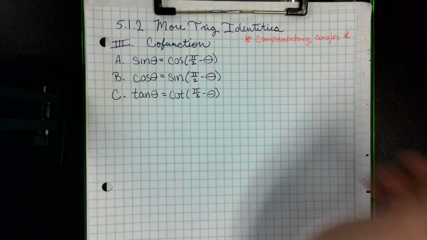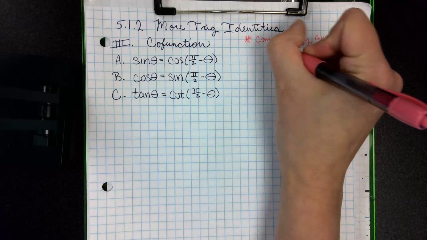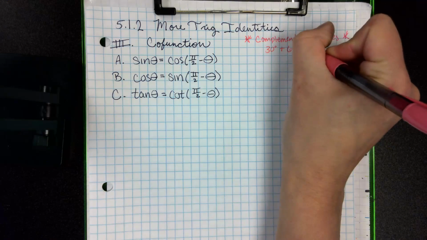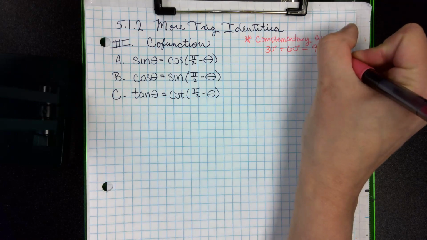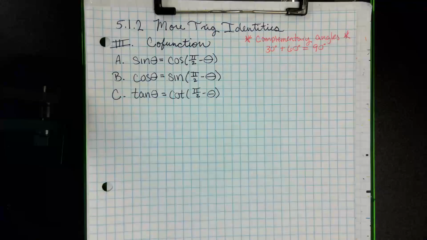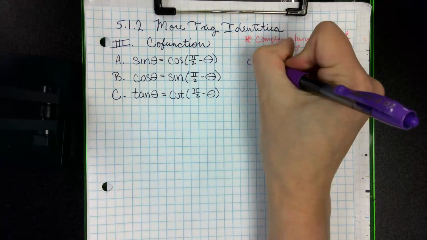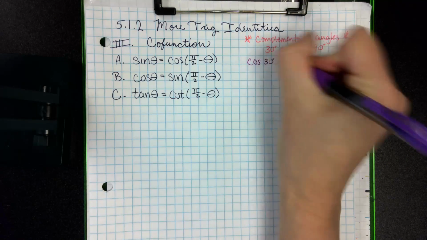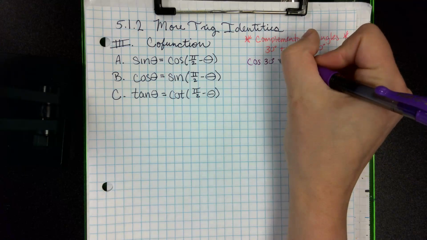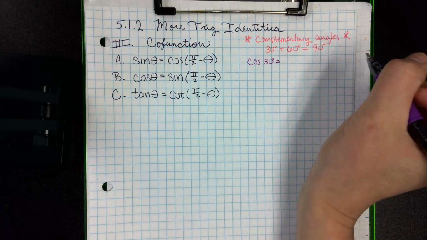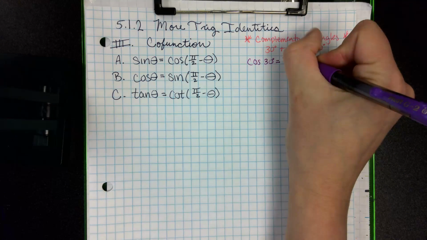So for example, 30 degrees plus 60 degrees equals 90 degrees, or we could use radians. But I know you guys do better with degrees, so I'm doing this in degrees. So if I had the cosine of 30 degrees, and I look at the unit circle, I see the value of cosine of 30 degrees is square root 3 over 2.